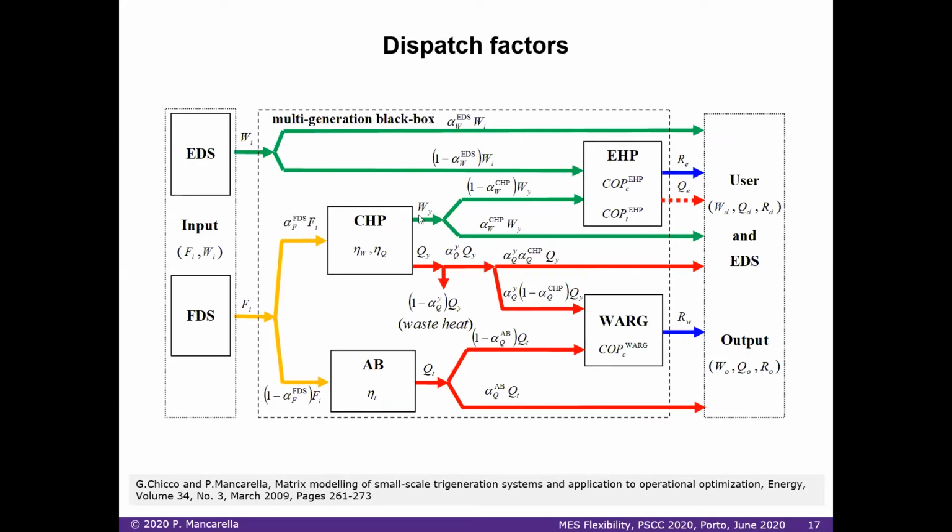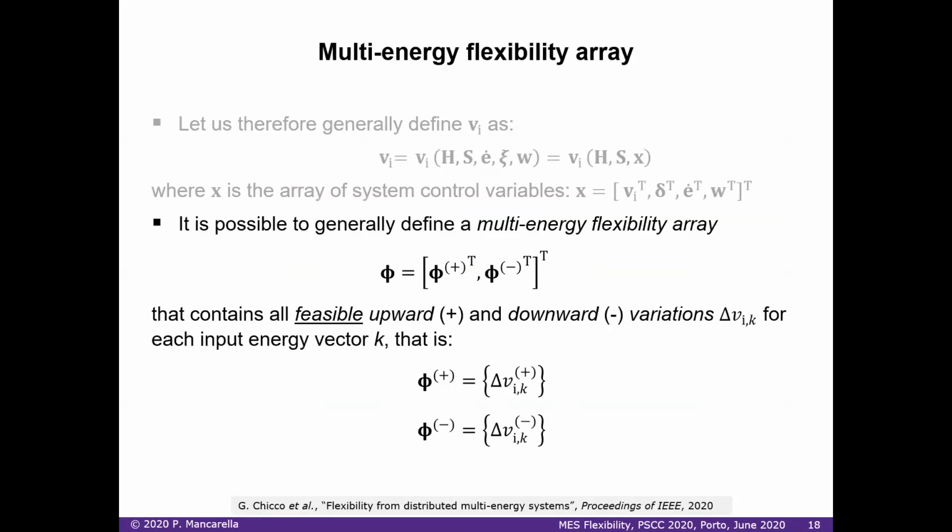For example, you want to use this electricity from your combined heat and power to supply more directly your demand, or you want to use it more to supply, for example, your heat pump to produce heat or cooling, depending on what you need to do. This would be like a reversible heat pump in this case. So already by looking at this, we started realizing that there is lots of flexibility in what we can do here, and in fact that was exactly the point that I'll show you in a second.